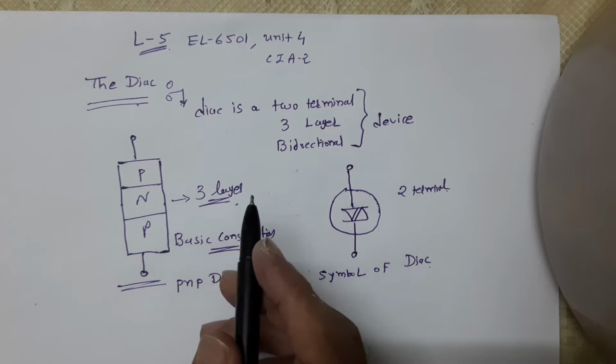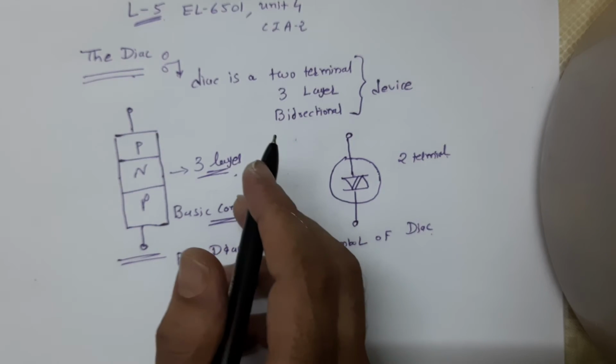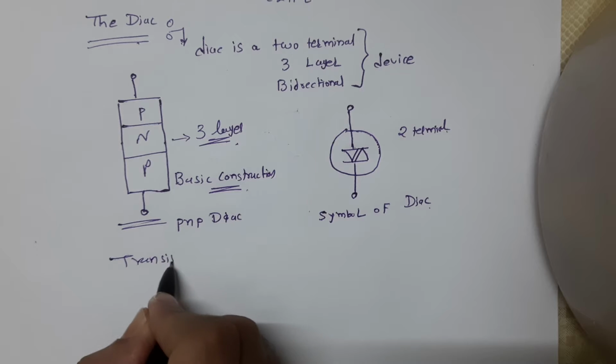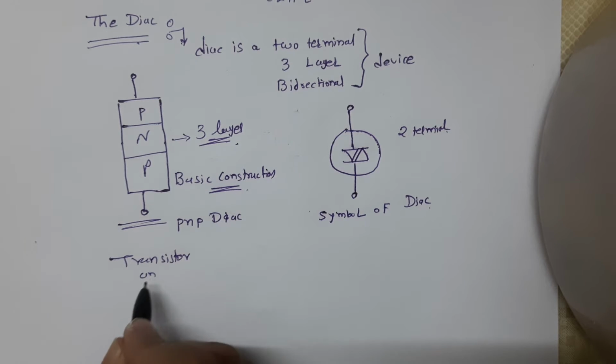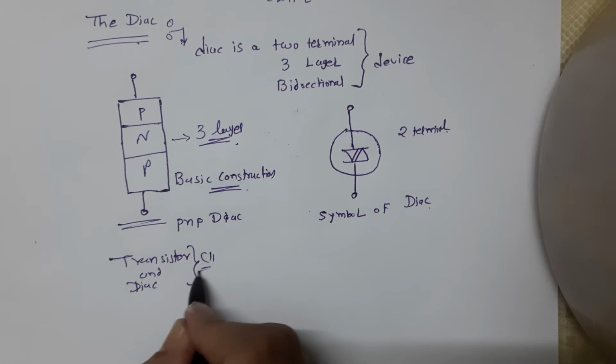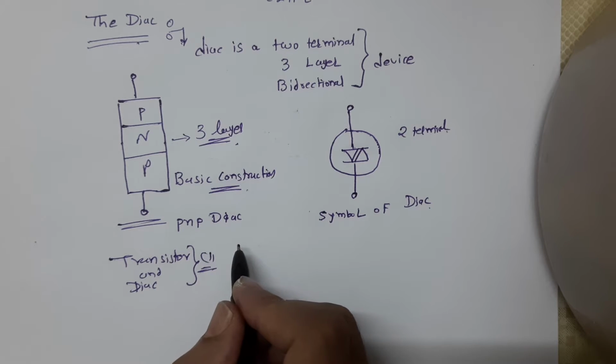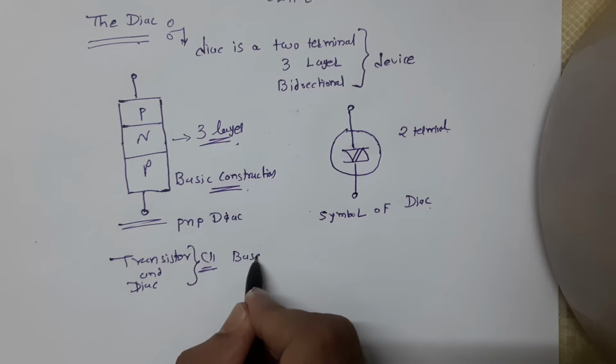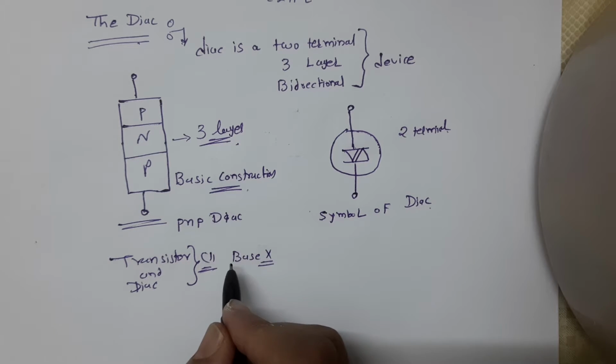However, there are several important differences between the transistor and the diac. First, there is no terminal attached to the base layer. Second, the three regions are nearly identical in size.